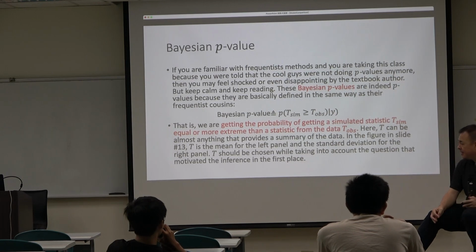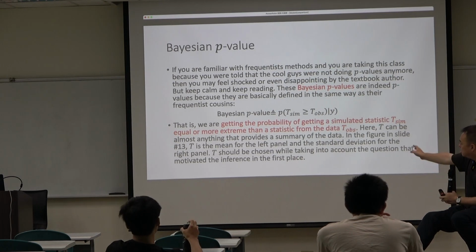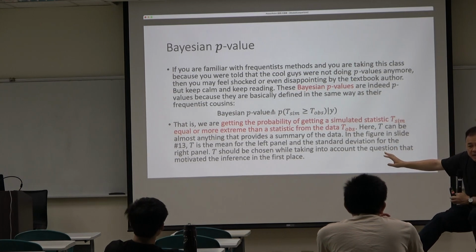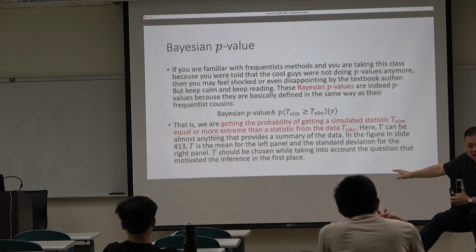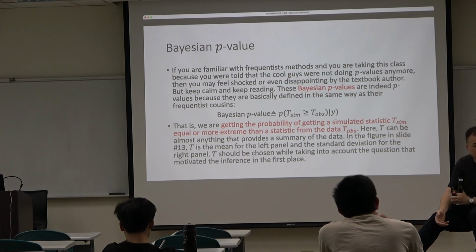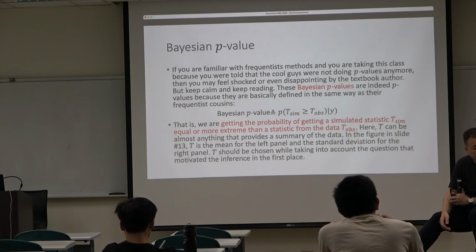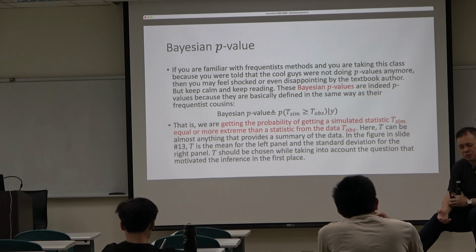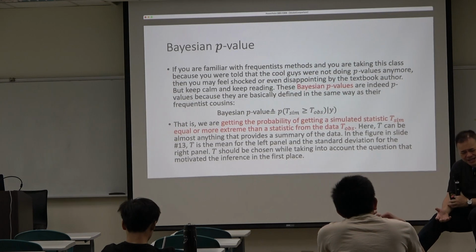But how about the Bayesian p-value? The Bayesian p-value is calculated directly from the posterior distribution, which a frequentist obviously does not have access to.